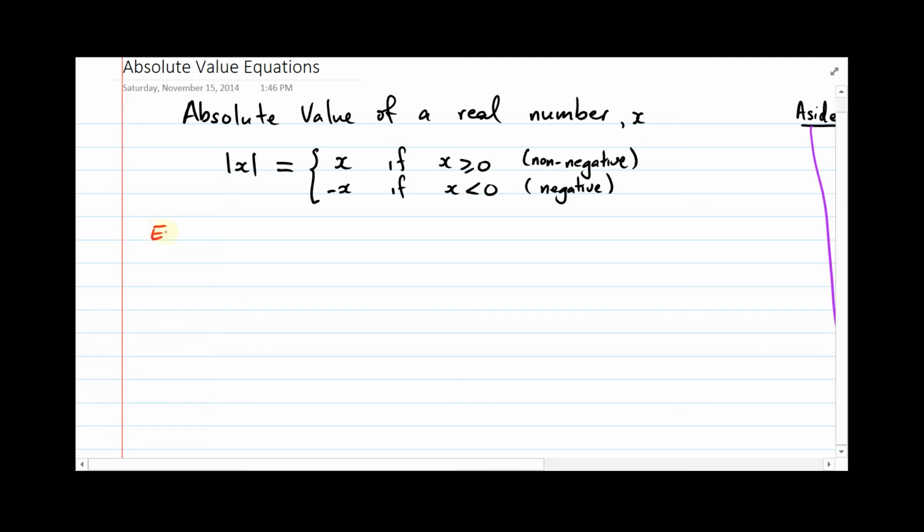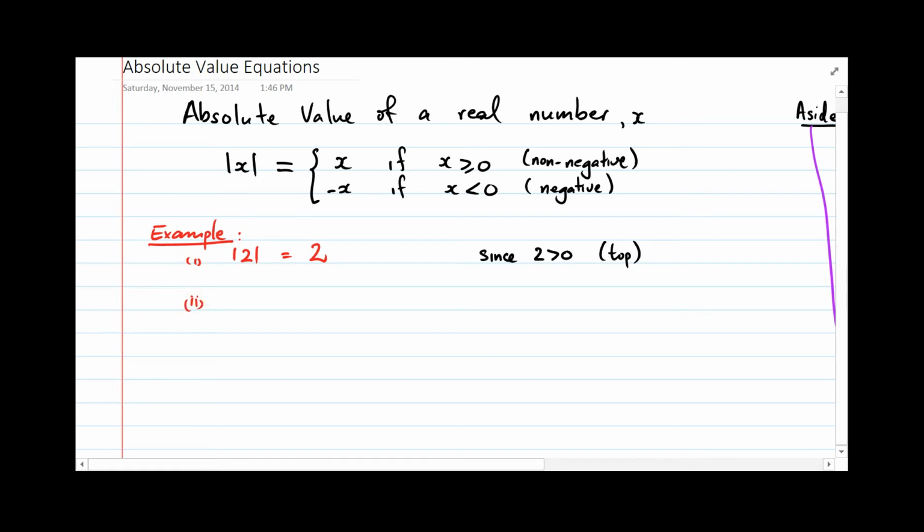So let's look at some examples. If we asked you to find the absolute value of 2, what you would do is say to yourself, since 2 is greater than 0, we'll use the top line, and the top line said that we should just write the number that was between the two parallel lines.